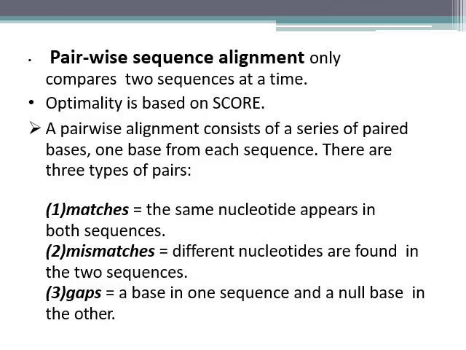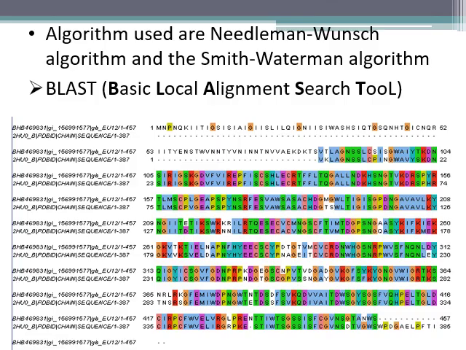In a match, the same nucleotide appears in both sequences. In a mismatch, different nucleotides are found in the two sequences, and in a gap, there is a base in one sequence and a null base in the other sequence. Algorithms that we can use for pairwise sequence alignment are the Needleman and Wunsch algorithm or the Smith and Waterman algorithm, and a program that is usually used is BLAST, the Basic Local Alignment Search Tool, and the result of BLAST is shown here in that picture.